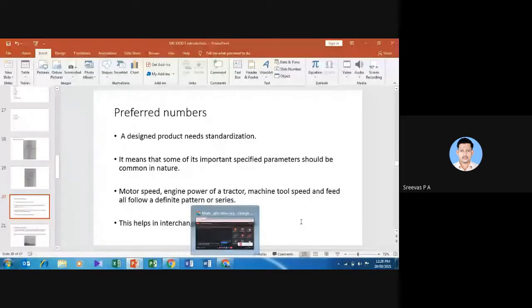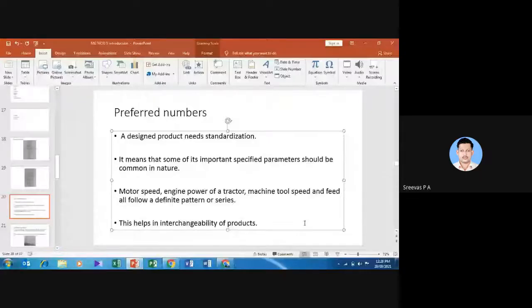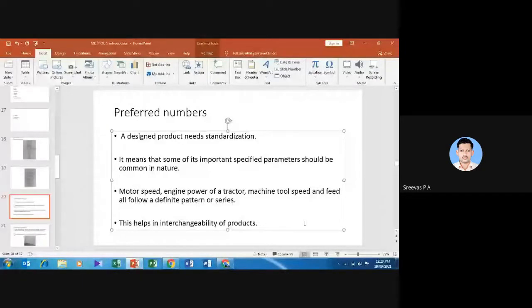So, if you consider the case of a bolt with nut as well as washers, they are conforming parts. If you design or manufacture the bolt in a specified dimension only, then only the accurate matching will happen.